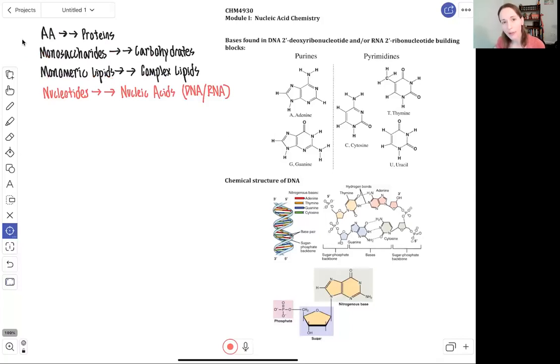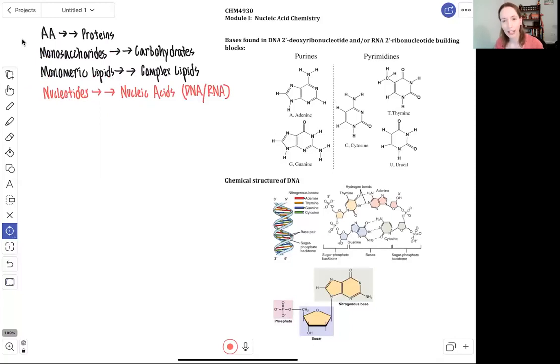And now, as we get into our final group of biomolecules, we analogously recognize nucleotides as the building blocks of our nucleic acids. And we're going to focus primarily on DNA and RNA as being the nucleic acids of interest.